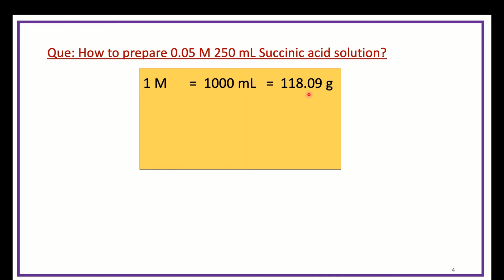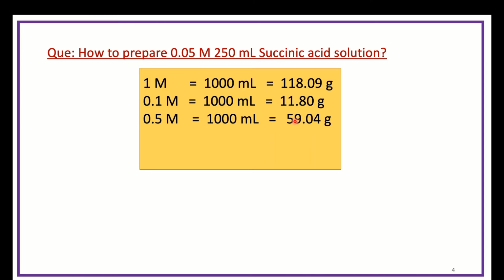Now if we go stepwise, we require 250 ml of the solution and the molarity to be prepared is 0.05 molar. So 0.1 molar 1 liter solution will require 11.8 grams. Next, if we convert this to 0.5 molar, it will be 59.04 grams of succinic acid dissolved in 1 liter of solution.